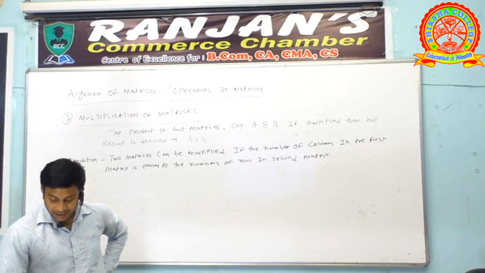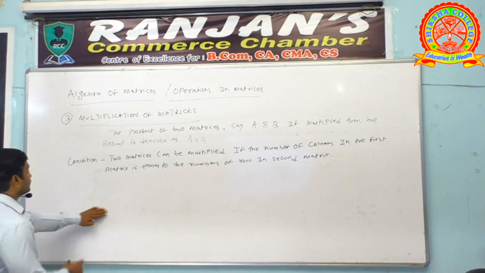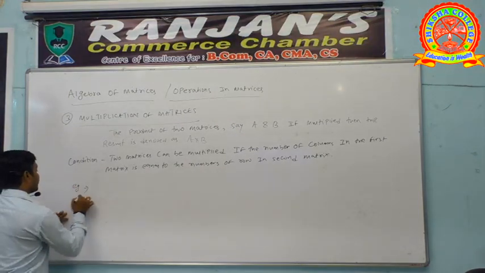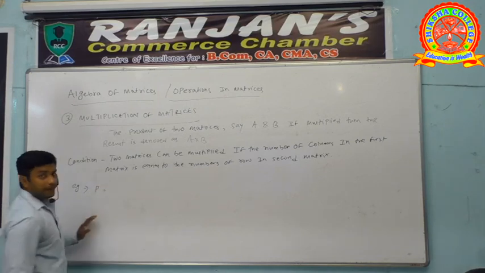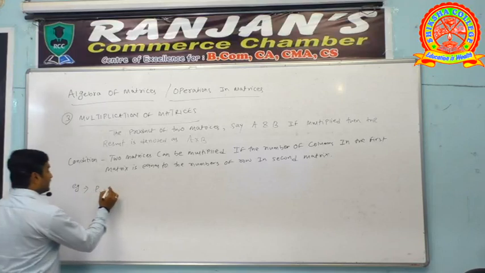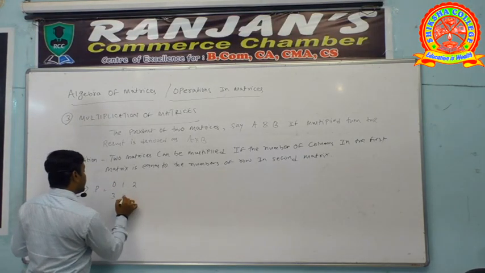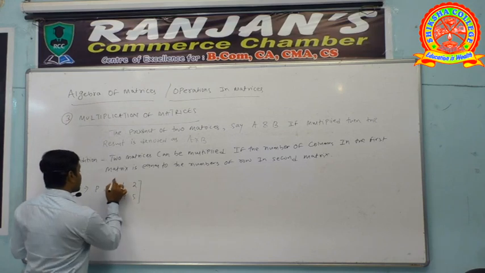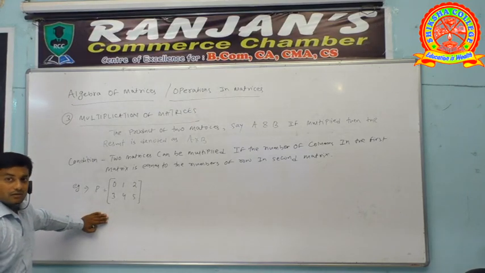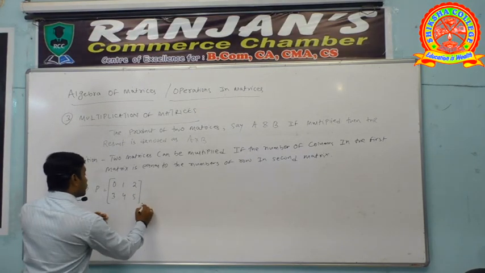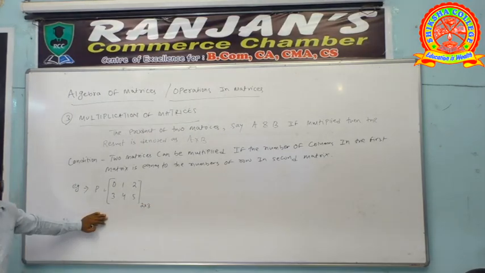Okay? Clear, students? So, for example, if I take P, it is given 0, 1, 2, 3, 4, 5. Okay? So here we have 2 rows and 3 columns.